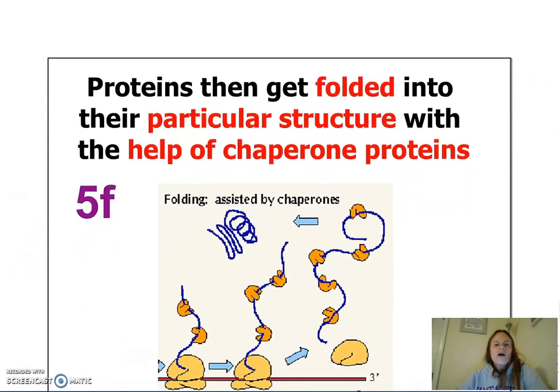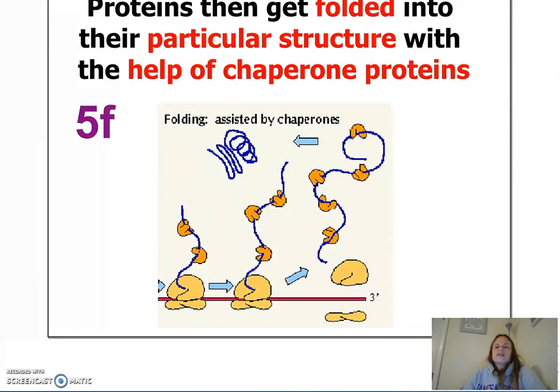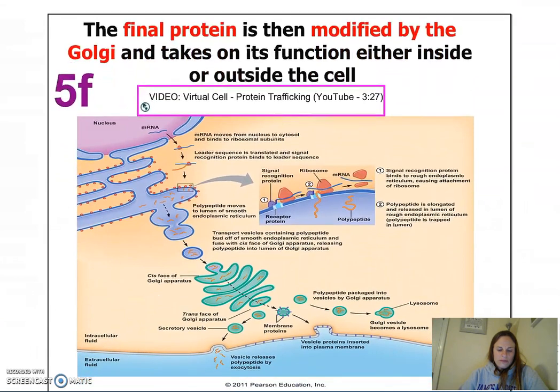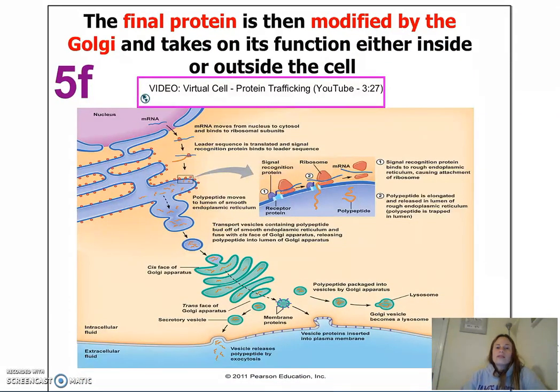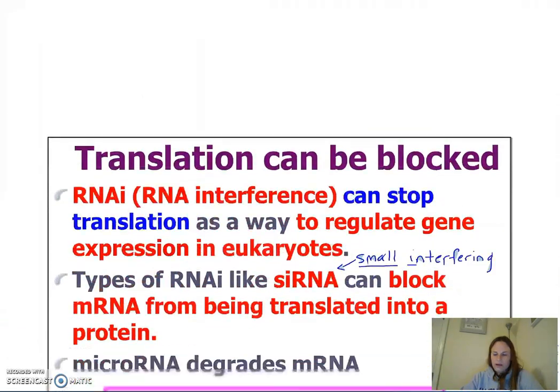So in order to help the particular structures form, we've got things called chaperones, and they're going to help the protein fold into its particular structure. And then the final protein gets modified by the Golgi and then takes on its function either inside or outside of the cell. And we learned about this when we did cell organelles, so hopefully that's jogging your memory.